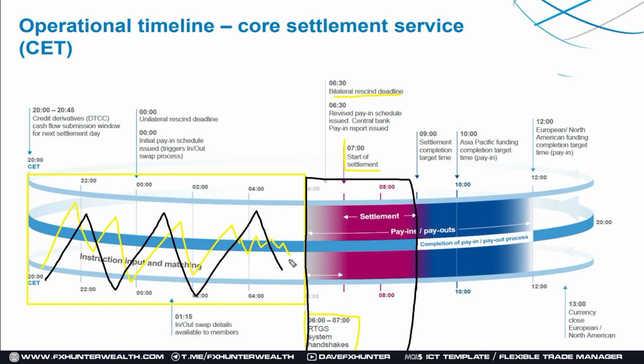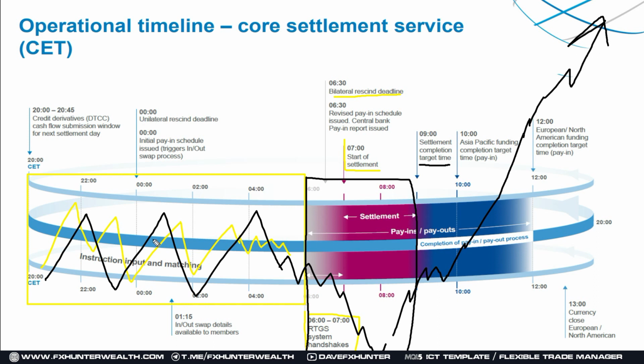That's why we get this manipulation at this time. And then around 10 o'clock, 9 o'clock, that's a target time where the settlement is completed, and the 10 o'clock Pacific funding time, completion and target time. So this is when the markets start to move as they have been ordering in here, right?